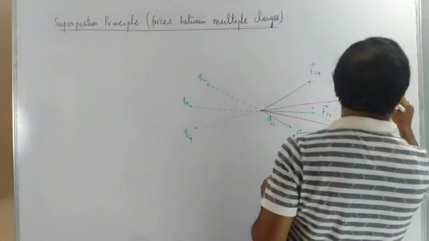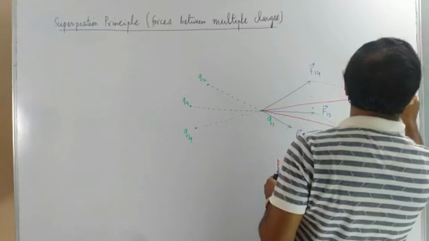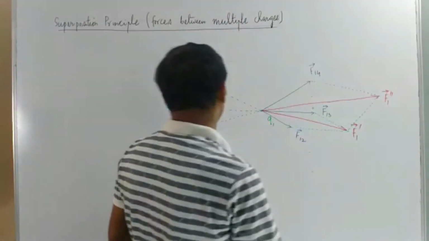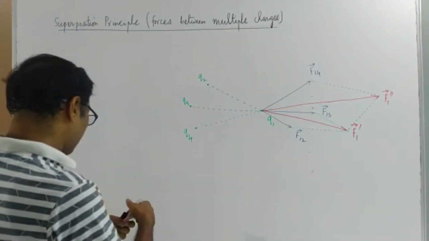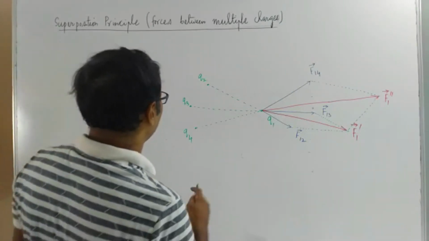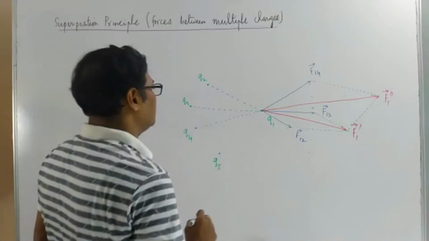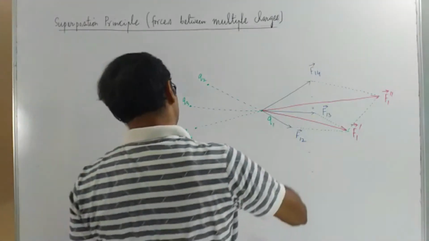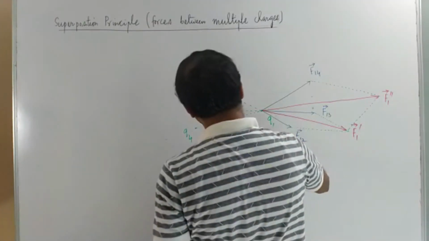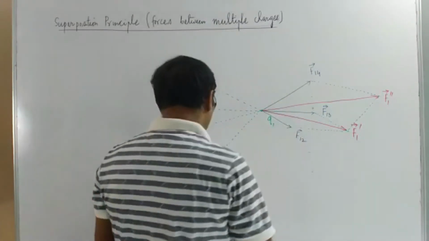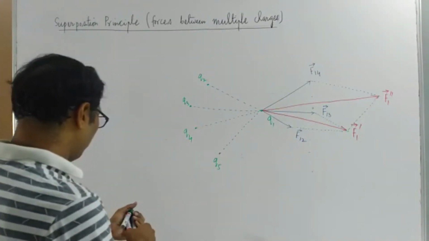Let it be F1 double dash. You may have another charge Q5 located over here. Again I can calculate the force on Q1 due to Q5.